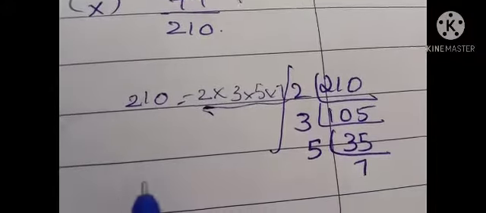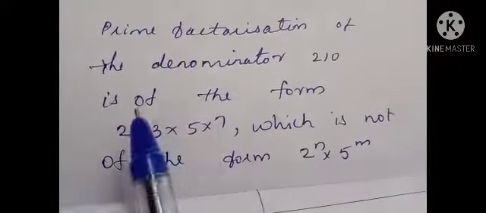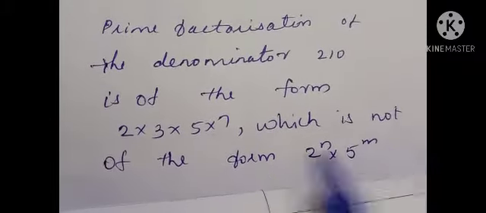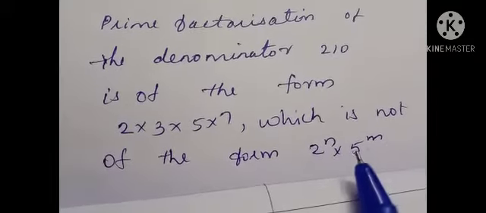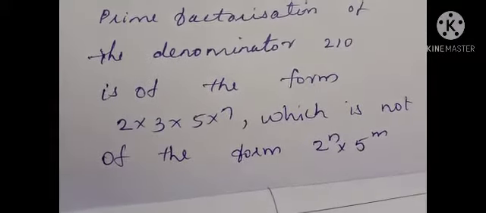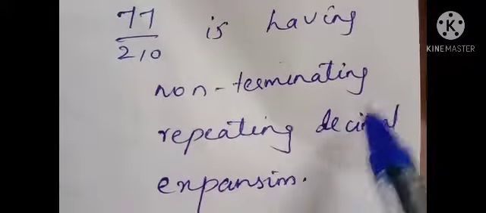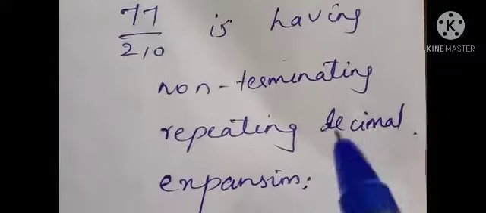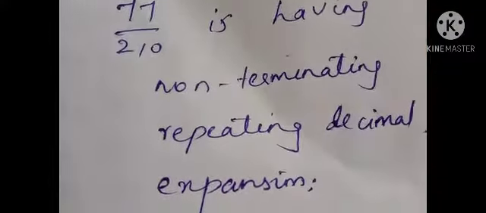So we can write the conclusion as the factorization of the denominator 210 is of the form 2 into 3 into 5 into 7, which is not of the form 2 raised to n into 5 raised to m. So we can write the answer that 77 by 210 is having non-terminating repeating decimal expansion. So no need to find its decimal expansion for the second question.